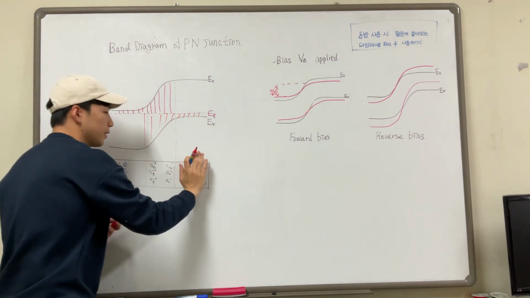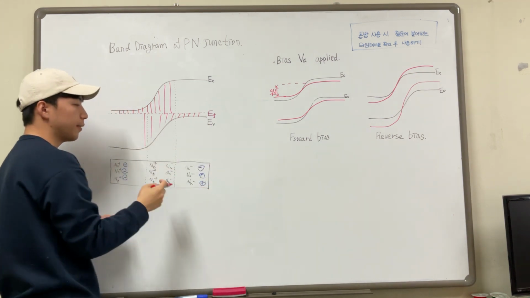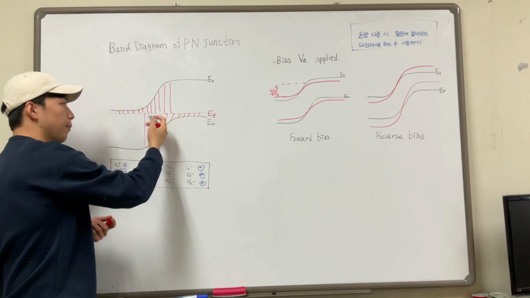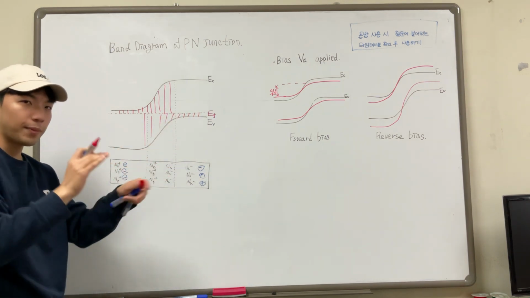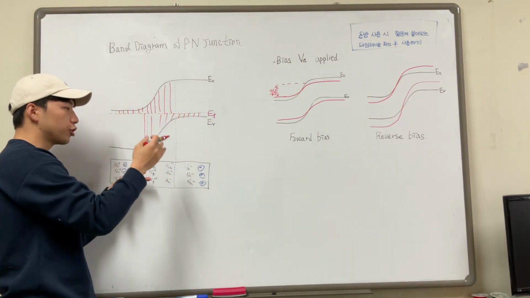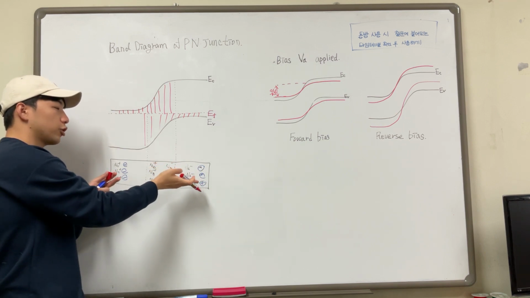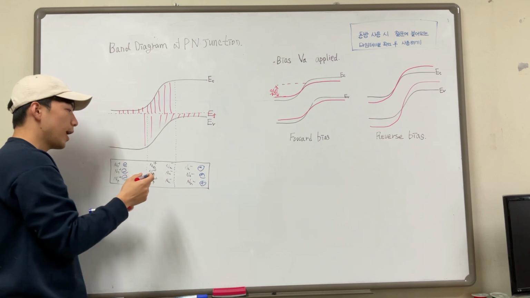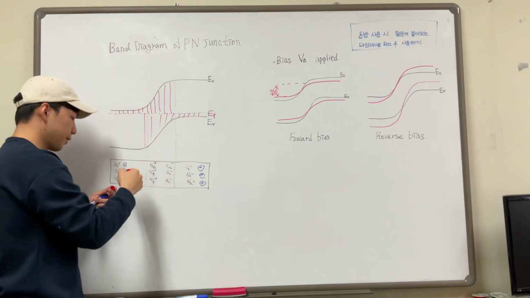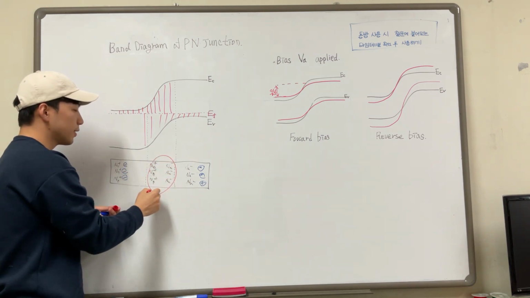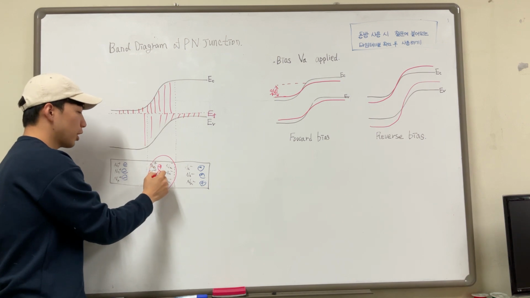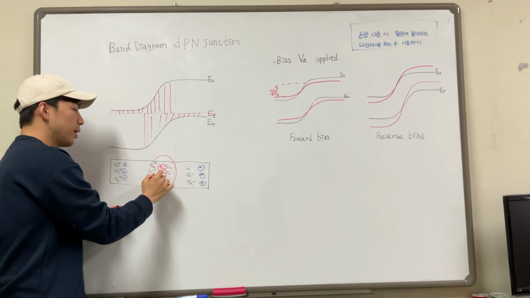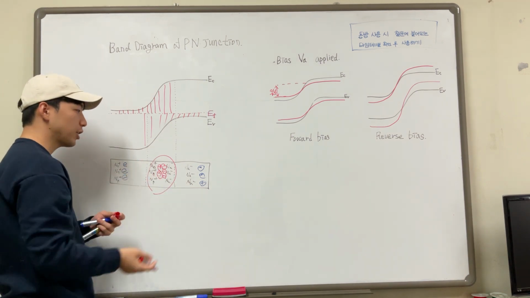And this also makes sense in the valence band. In this position there must be really many holes, but when the gap between the Fermi level and the valence band gets larger, then the plus hole concentration becomes smaller. In this position, the hole and electron will recombine.